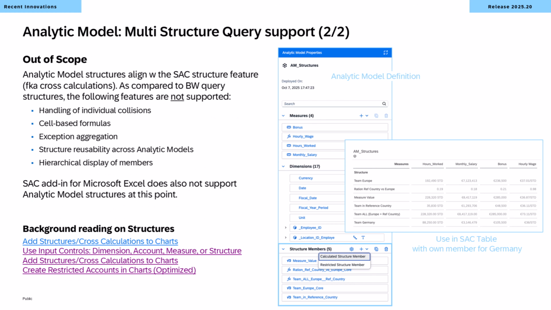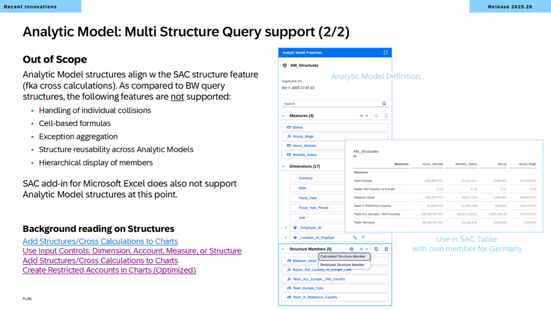At the same time, it needs to be said, this is a catch-up on BW, but this isn't quite what BW does, mainly because we aligned with the SAC structures and their cross calculations and what they can do. And so there's still some way to go for being a full BW query structure replacement. So in BW, you can totally handle individual collisions. This we cannot do. We do it really flat.